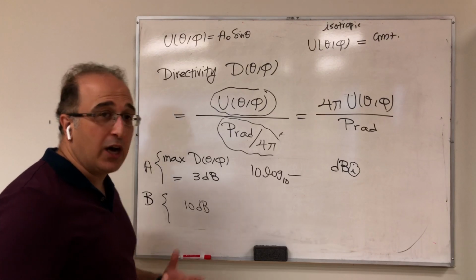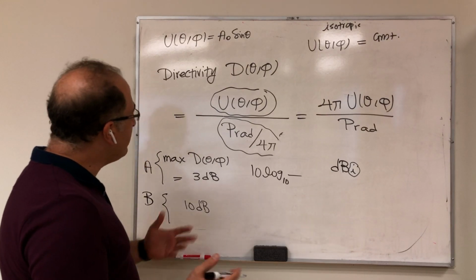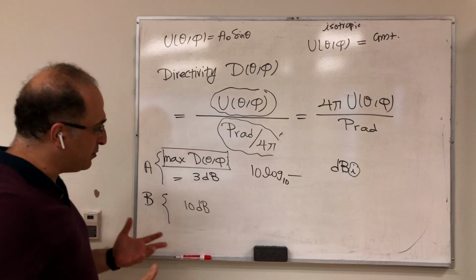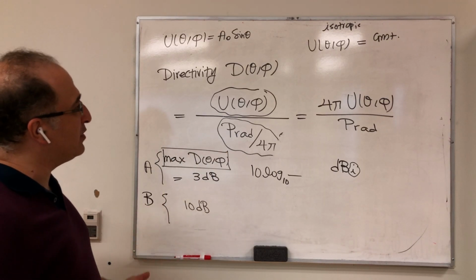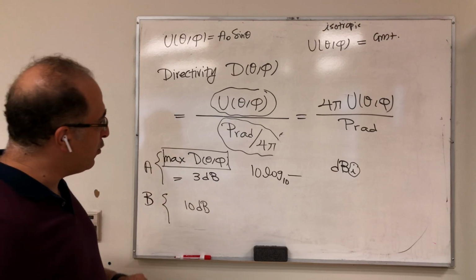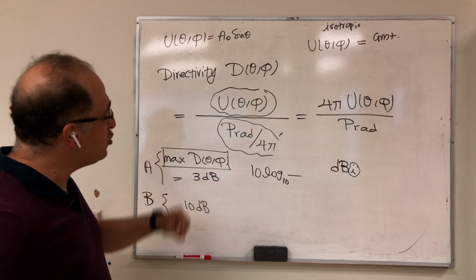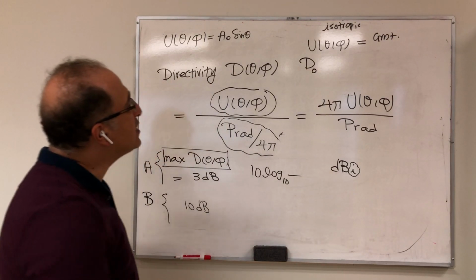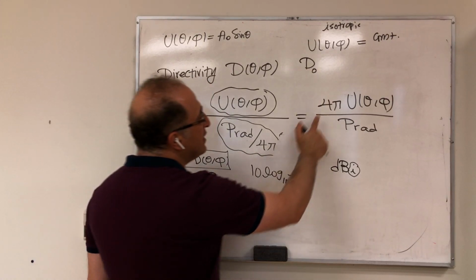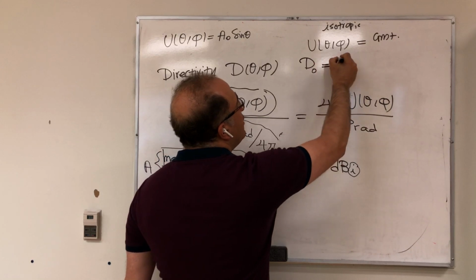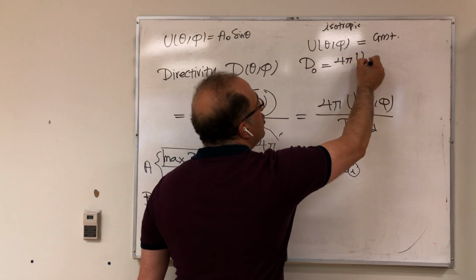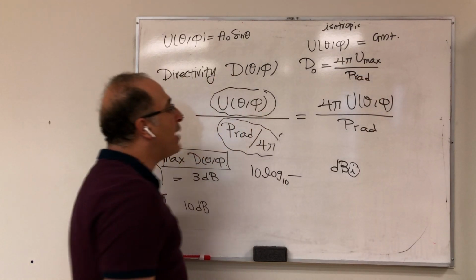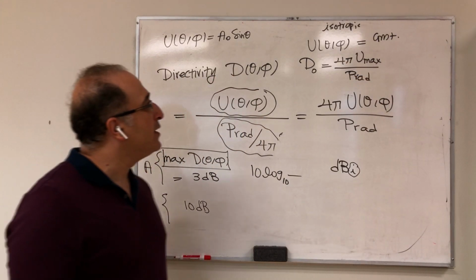So this is dBi. And the other thing that you see here, I said maximum directivity. Sometimes people just report maximum directivity. If you want to report maximum directivity, you usually write it as D naught, where naught is for maximum. And because this is supposed to be maximum, you need to have 4 pi U max divided by P rad. And that becomes maximum directivity in this case.